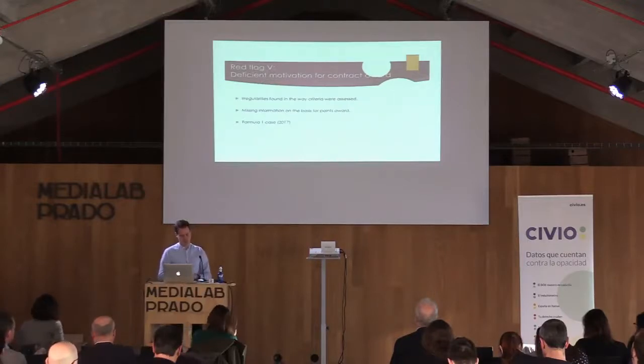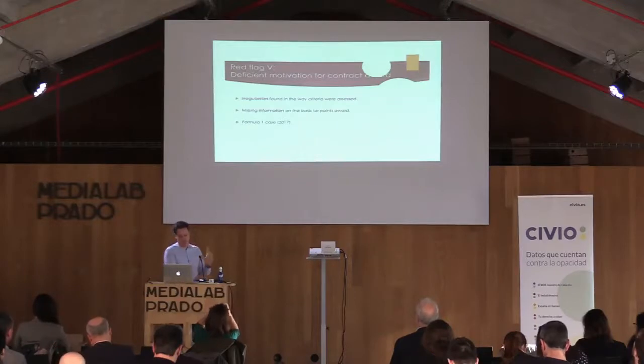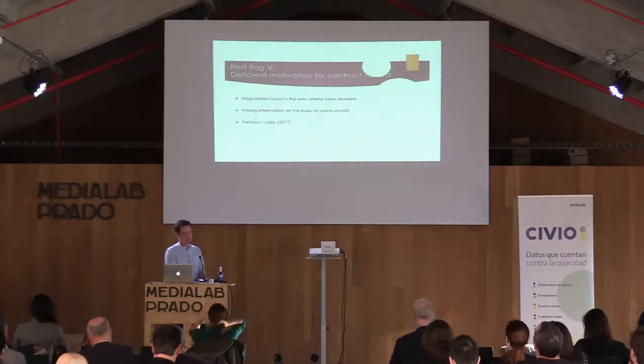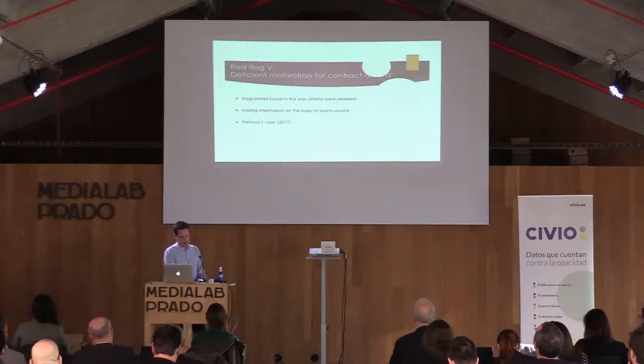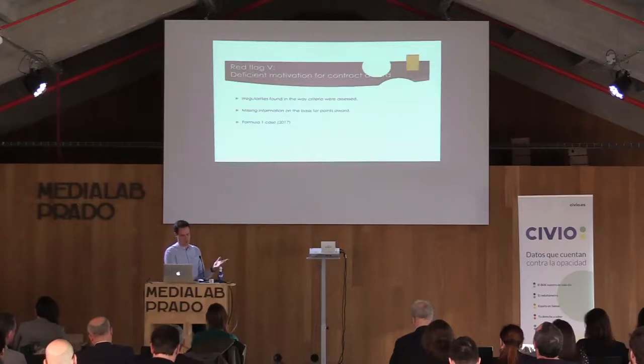I think this red flag is self-explanatory. They give contracts and they don't justify why they're doing it. In itself, it might not mean corruption at all, but if there is a reason for you to award a contract to such a company, why don't you just justify it? The National Court of Auditors constantly denounce that there is no information on this section, which is worrying.